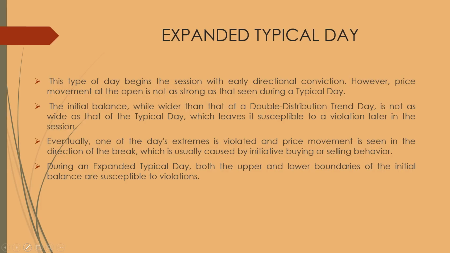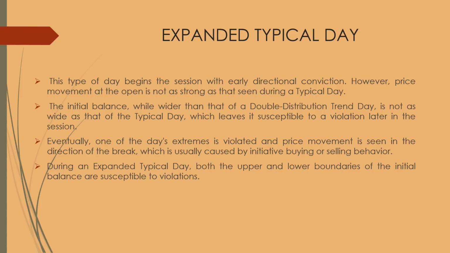Expanded typical day. This type of day begins the session with early directional conviction. However, price movement at the open is not as strong as that seen during a typical day. The initial balance, while wider than that of a double distribution trend day, is not as wide as that of a typical day, which leaves it susceptible to a violation later in the session.